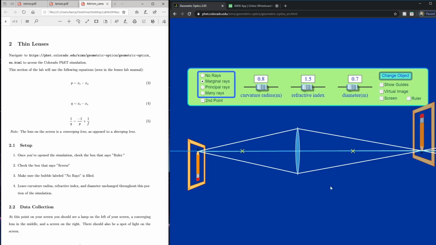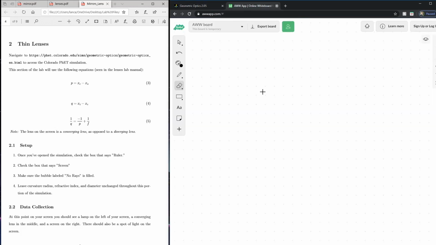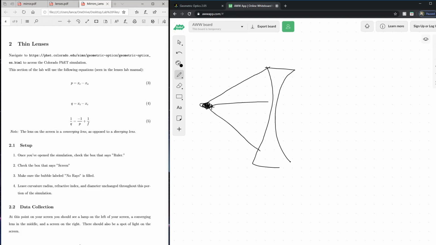Now, that's a converging lens, but let's talk about a diverging lens. A diverging lens is essentially the opposite. It's kind of got this concave look to it. And that's an awful drawing, but I'm sorry for that. But let's say you've got a source point here of some light, and its light rays are hitting the diverging lens. What it's going to do is take these rays.